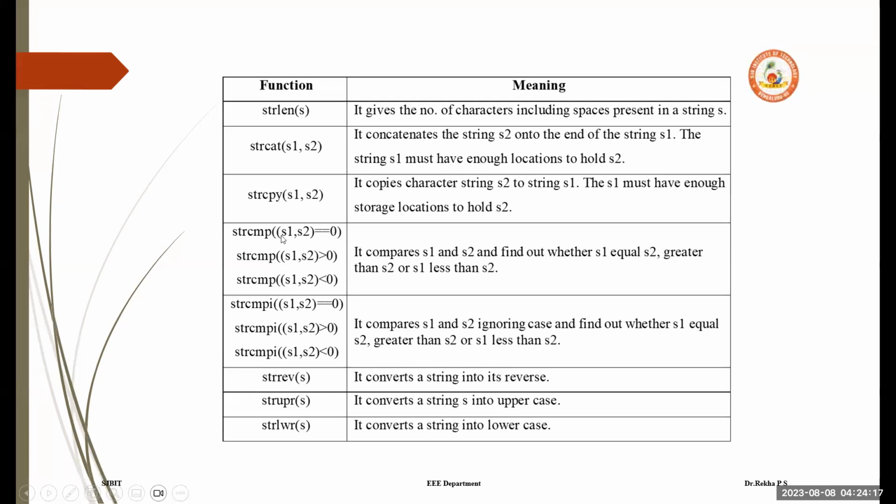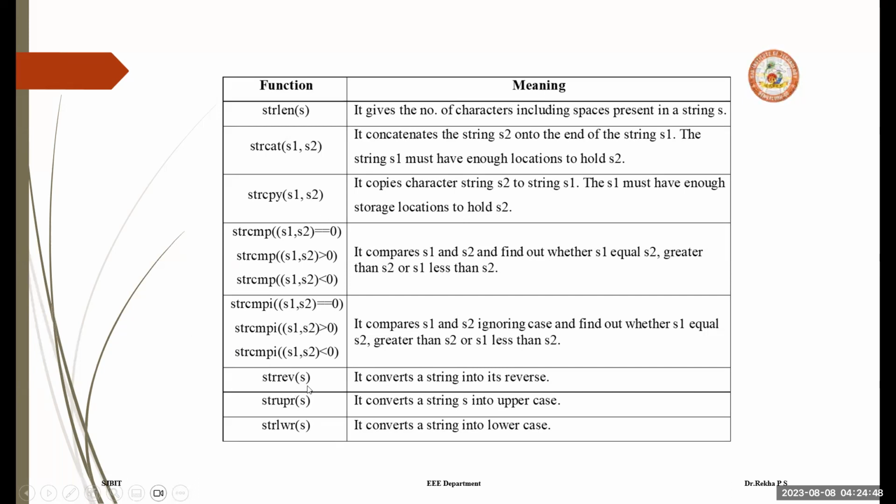So it compares two strings s1 and s2. Next, strcmpi. It compares s1 and s2 ignoring case and finds out whether s1 is equal to s2, greater than s2, or s1 less than s2.